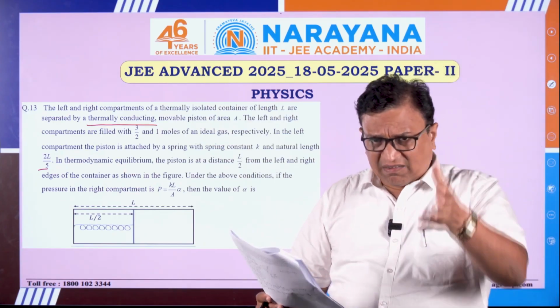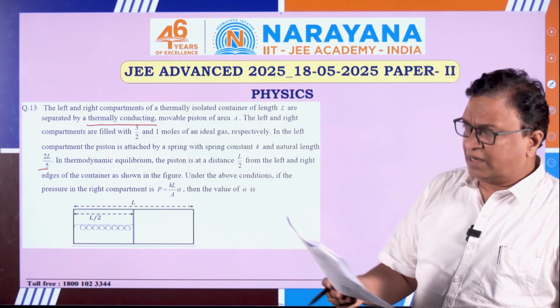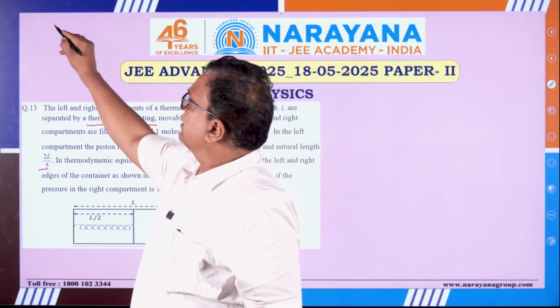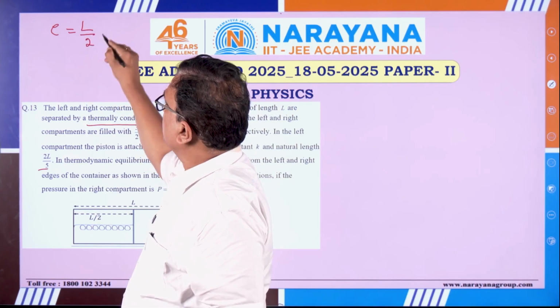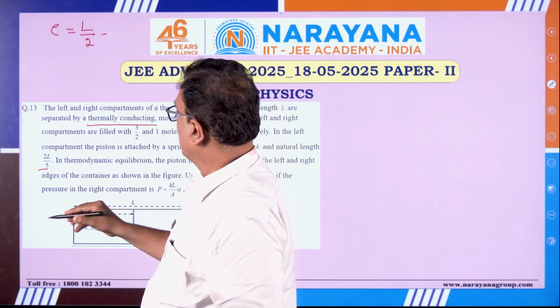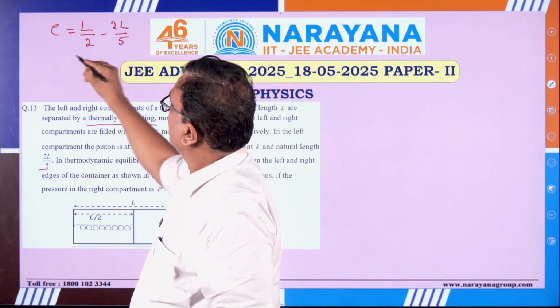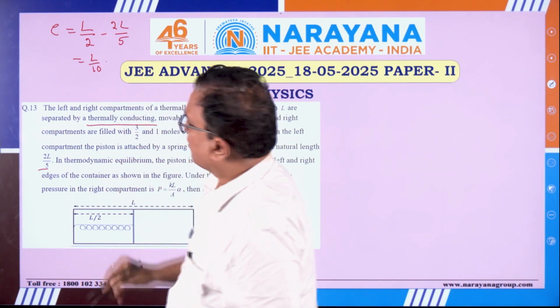So, in the equilibrium state, the spring is elongated. The elongation in the spring is simply L/2 minus 2L/5. This is nothing but L/10. That's the elongation.